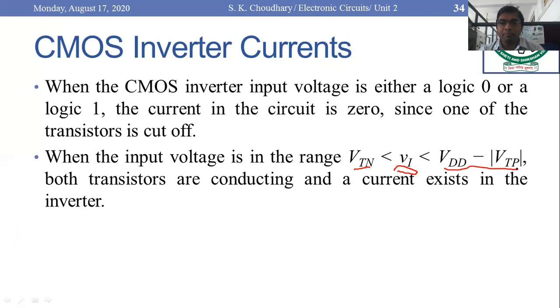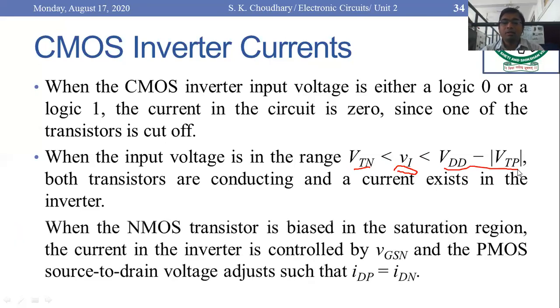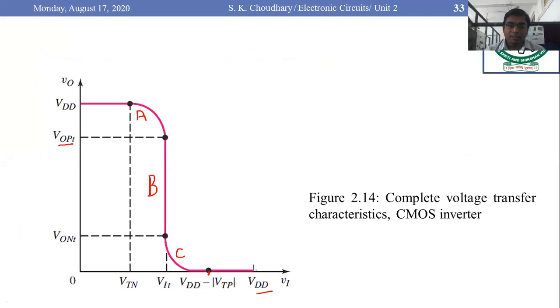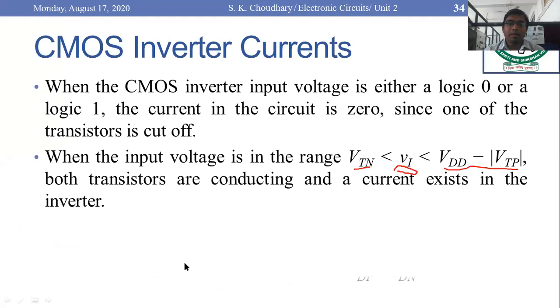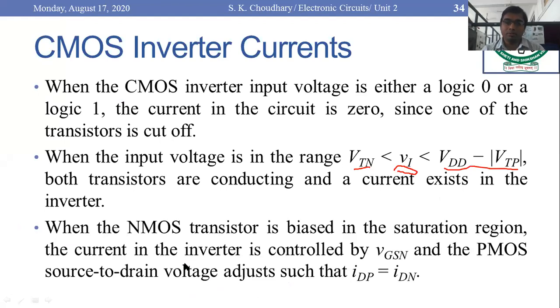We have seen the A, B and C regions. These are the regions where input voltage is in the range between VTN and VDD minus VTP. If anyone does not remember, this is the reason I am talking about. In this region, these are the A, B and C, both the transistors would be conducting and some small amount of current is flowing across the CMOS inverter.